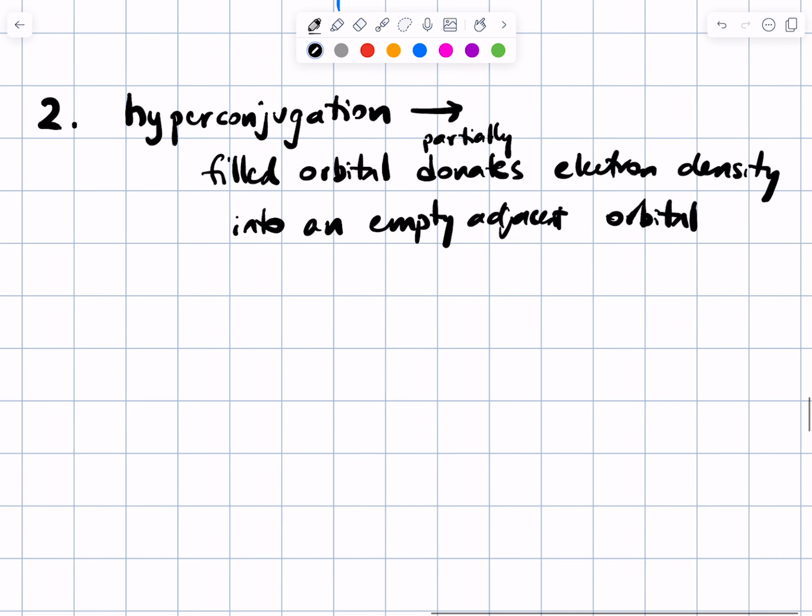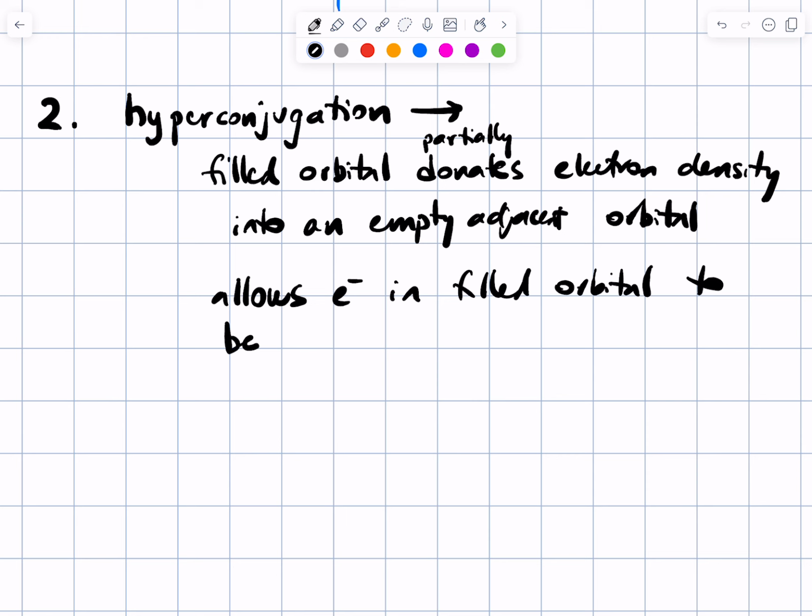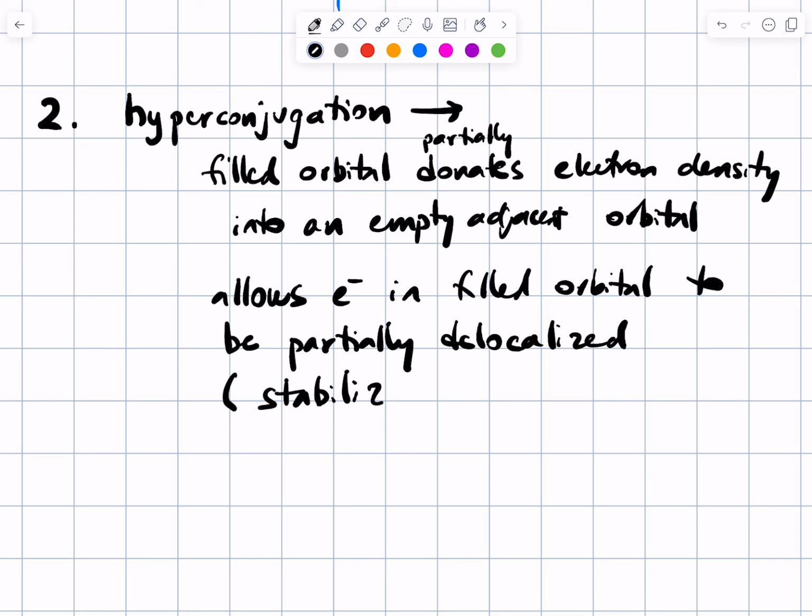Overall, the effect is stabilizing because it allows the electrons in the filled orbital to be not completely but partially delocalized. And electron delocalization is always stabilizing.